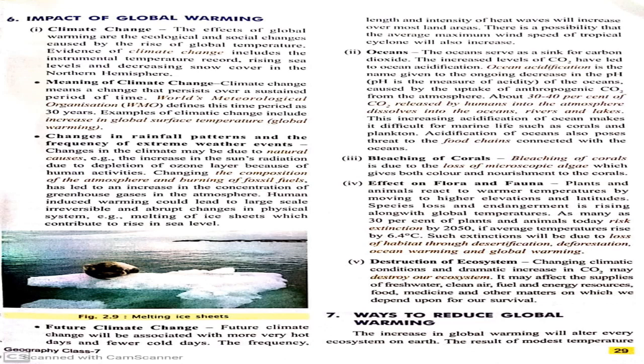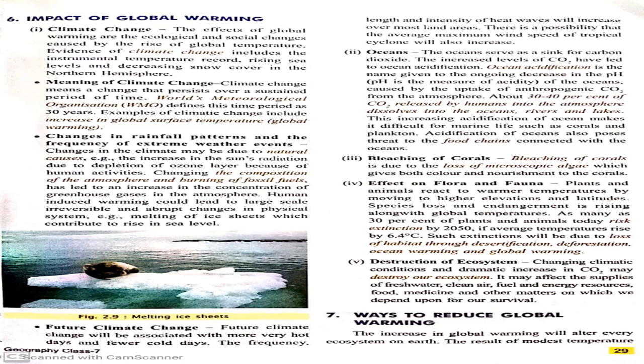So we saw about the impact of global warming on oceans. The first one we saw was climate change, right? The increase of temperature, then rainfall patterns, then what will be the future climate change. That all we discussed in the first one. Then we saw the impact of global warming on oceans, right?